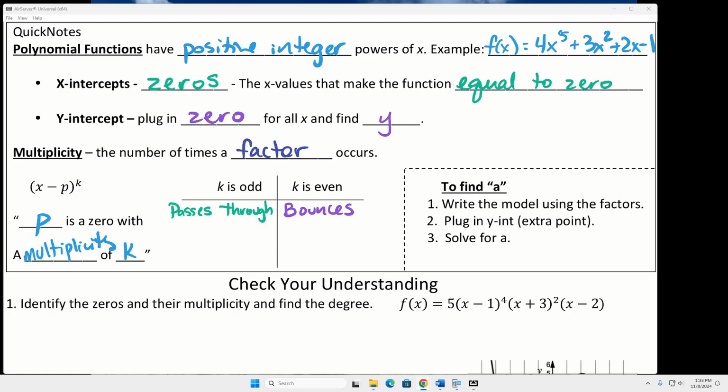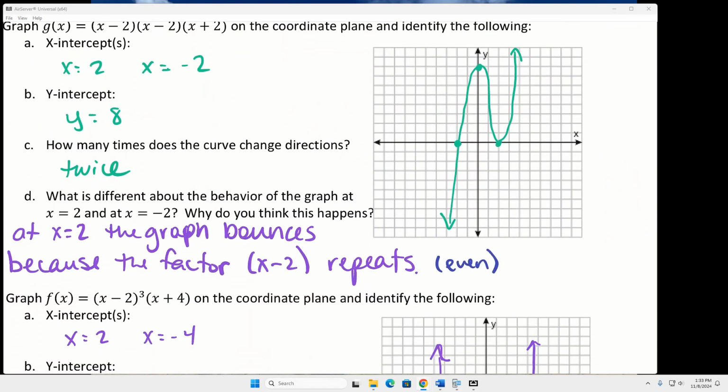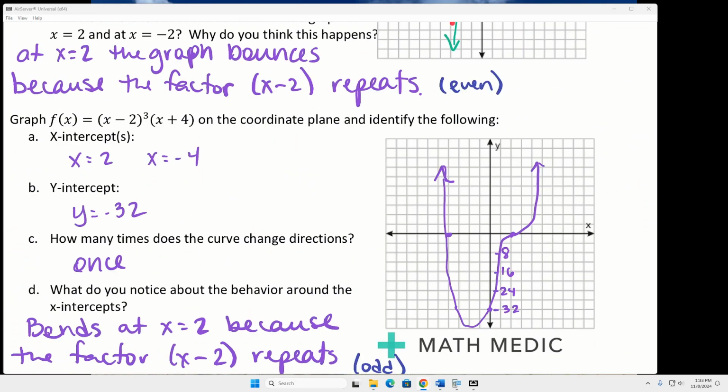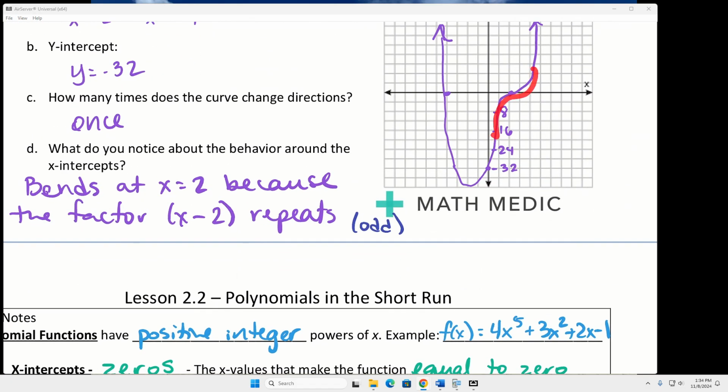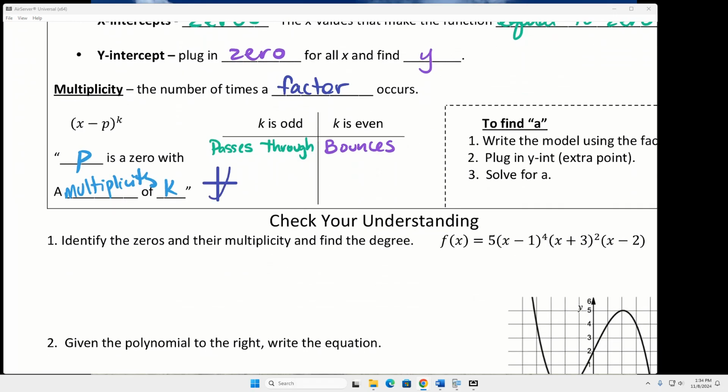All right, and we can pass through different ways. So just like we saw on the other side, sometimes it passes through, just straight through, and then sometimes it passes through and it does a little bend. So all that depends on the value of k, the value of the multiplicity. So if it just goes straight through, then k is 1. Right?